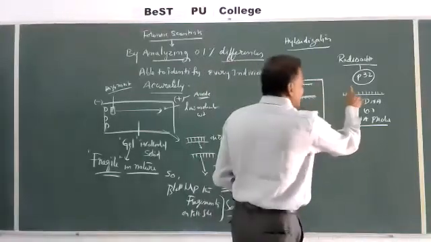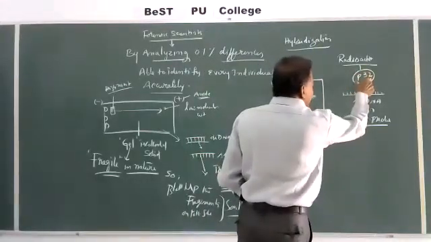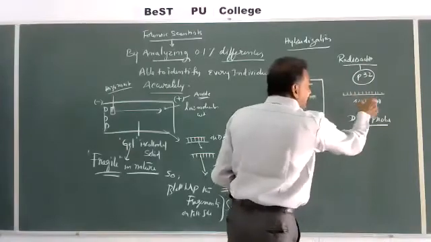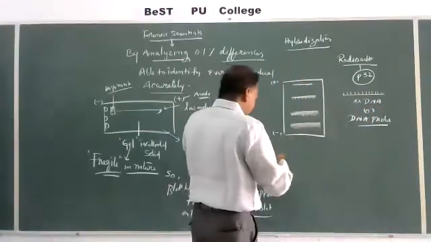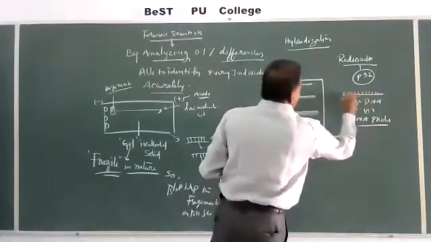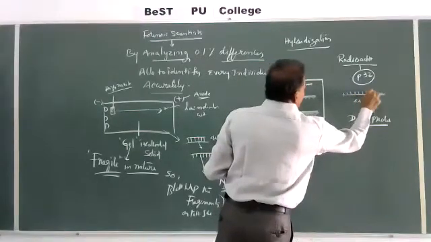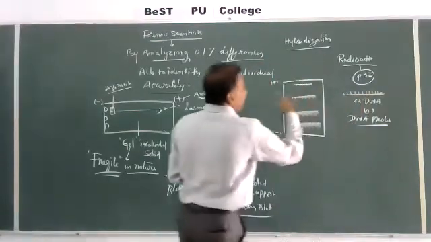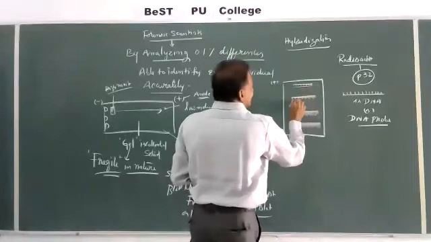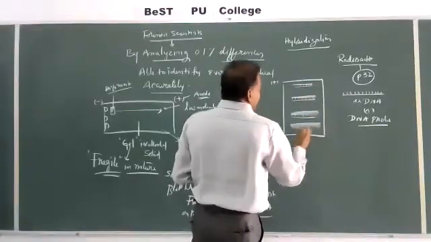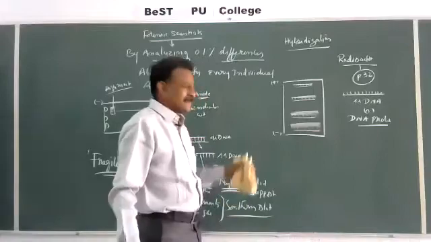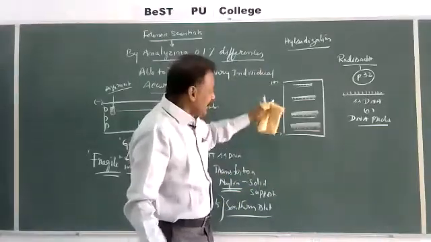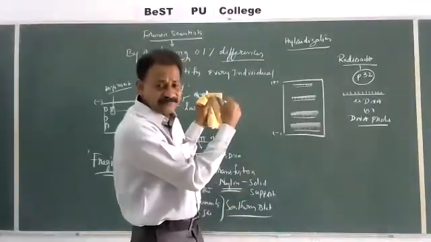When these probes labeled with the radioisotope phosphorus 32 go, they will attach to the complementary bases of these.